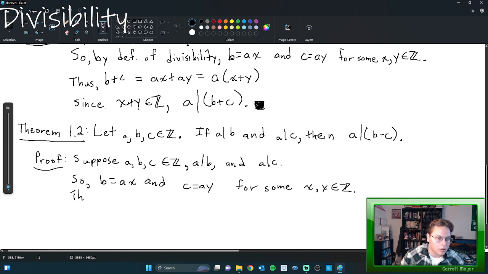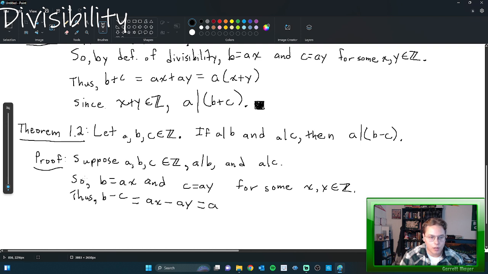Thus, what we're concerned about is the subtraction of B minus C. Thus, B minus C is equal to, just through substitution, B is AX minus C, which is AY.